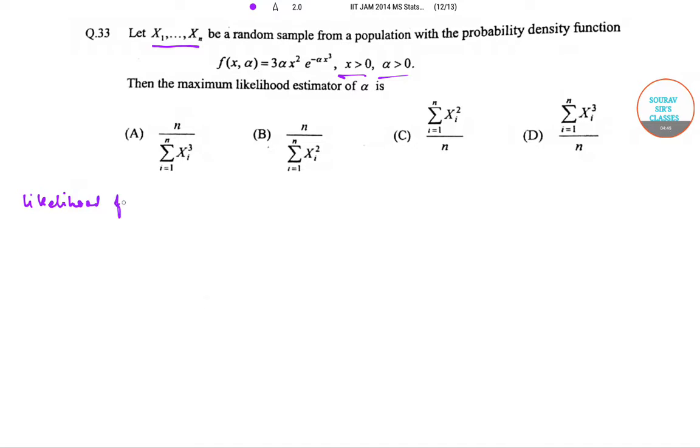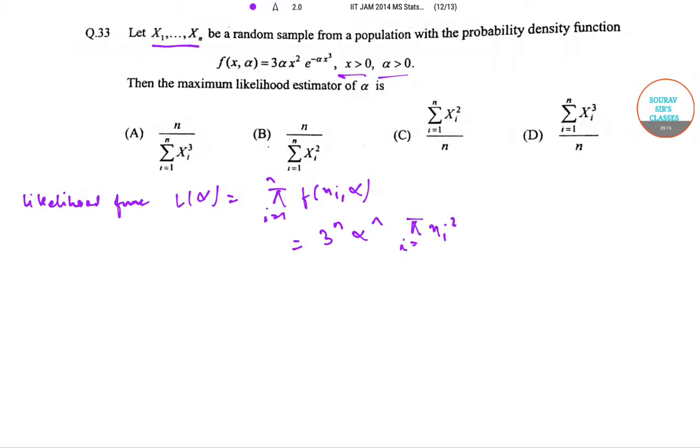So the likelihood function L(alpha) is equal to the product, i from 1 to n, of f(xi, alpha), which is 3 to the power n, alpha to the power n, times the product of xi squared, i from 1 to n, and e to the power minus alpha summation xi cubed.